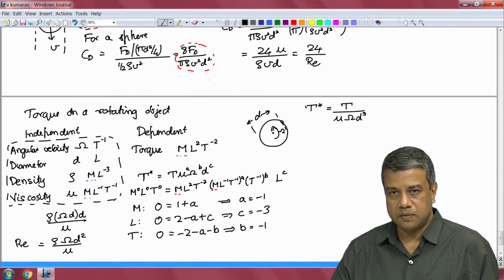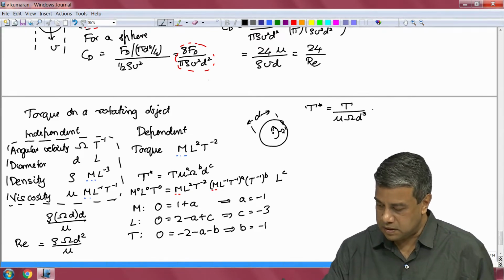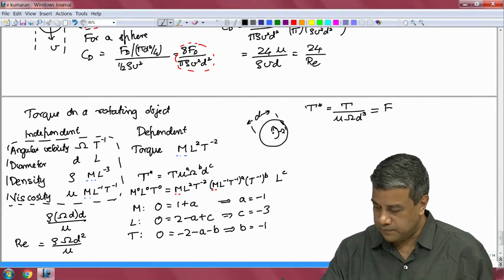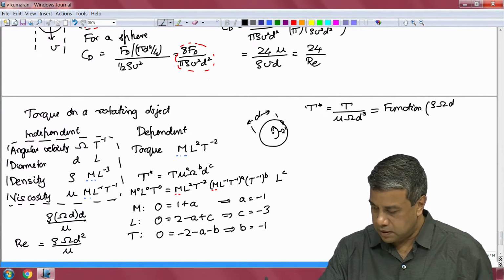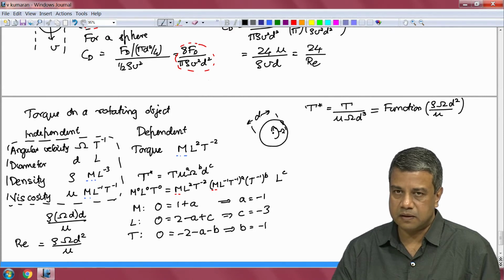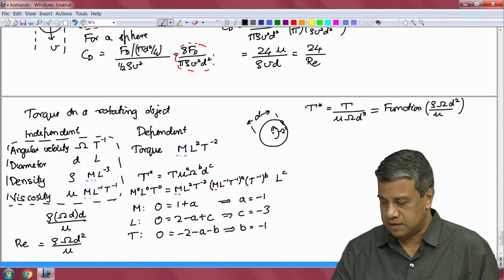So, my dimensionless relationship is going to be that this is equal to some function of rho omega d square by the viscosity. And this functional form we cannot find out just from dimensional analysis.